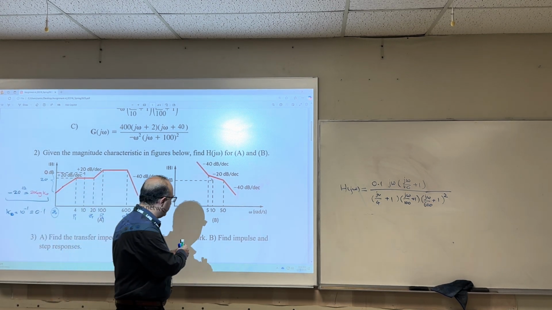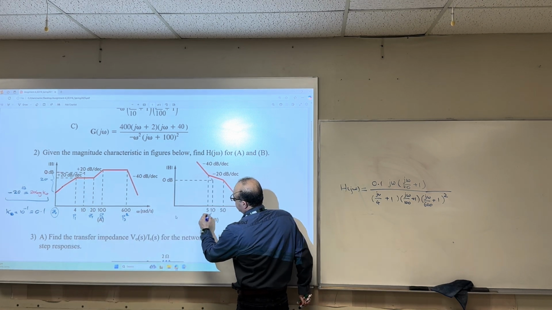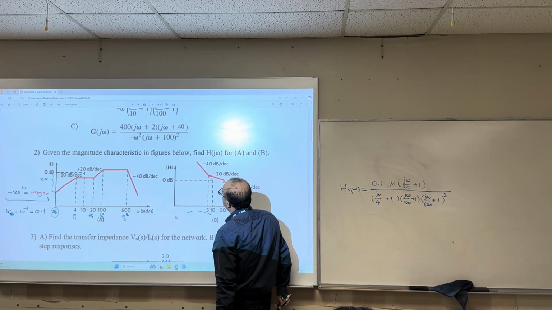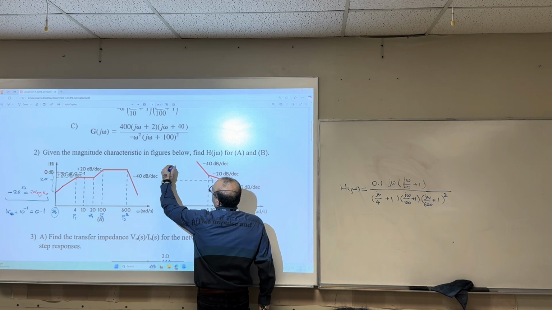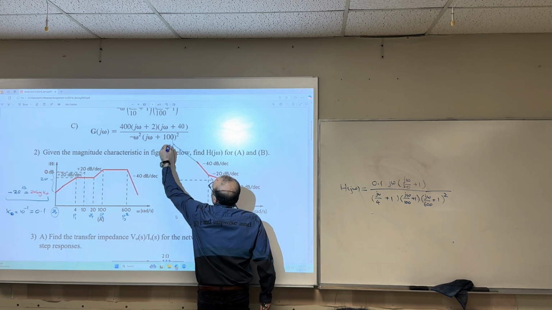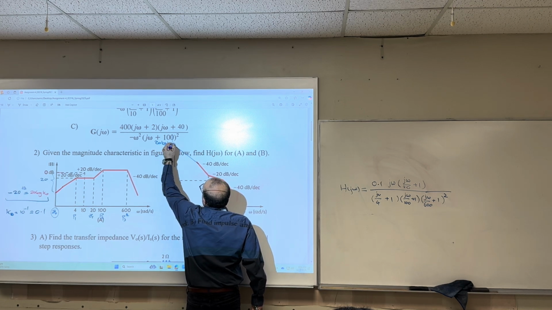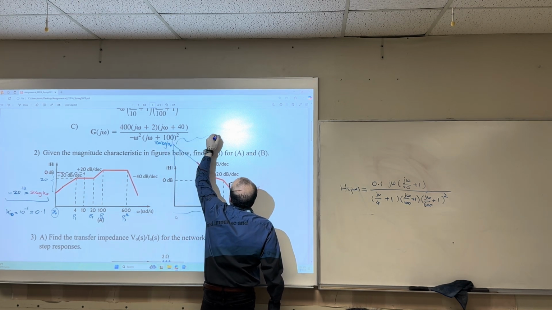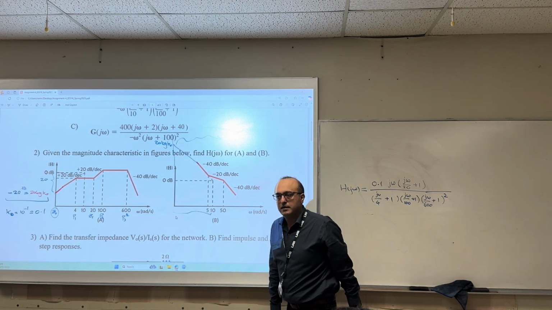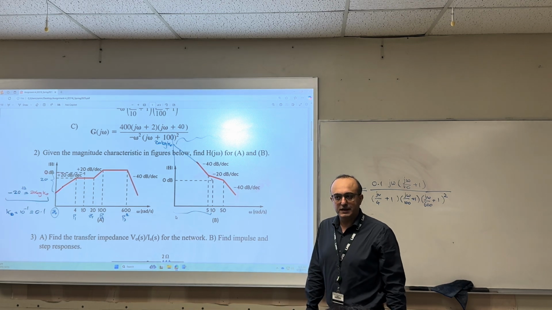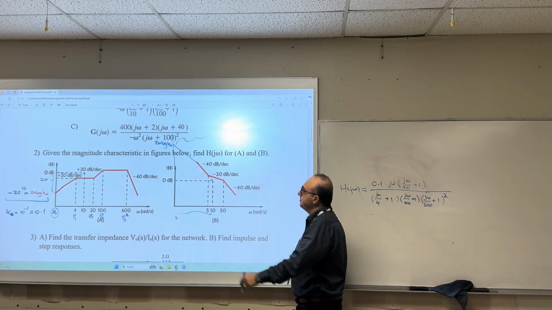The next one is very similar. Again, this 10 is given to find the initial value. Initial value is going to be something like this. It's going to be 20 log of K0. What is the value here? 40 dB. Everybody agree?